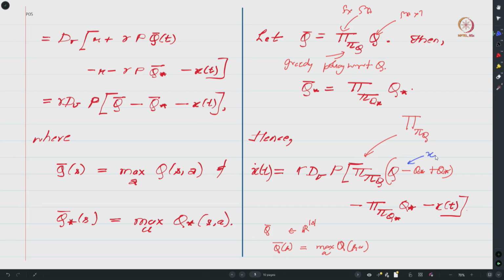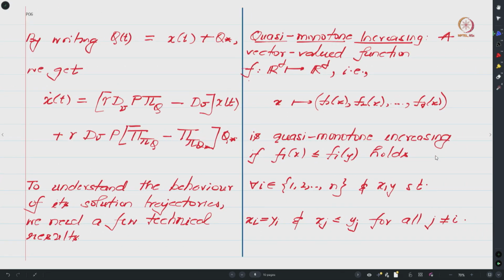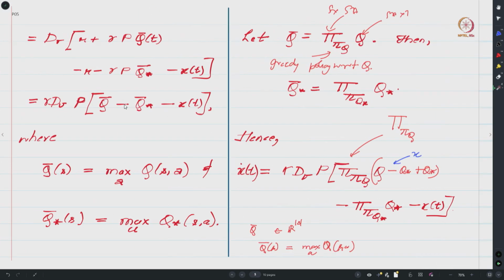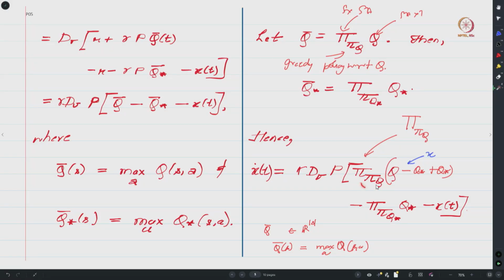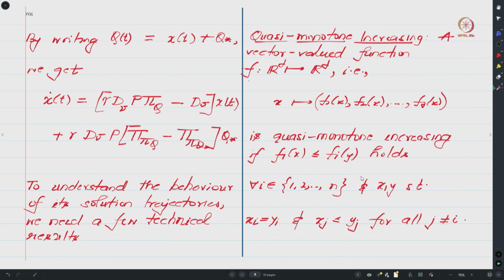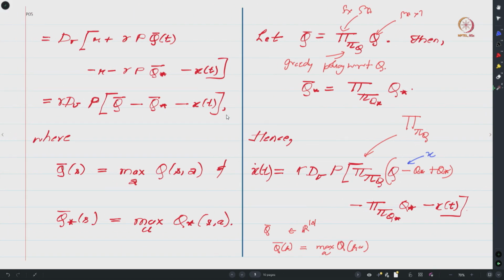So if I write it in this fashion, one can see that x dot of t will equal gamma d nu p, right, and you can see that this p pi p capital pi little pi q, okay, that is what we have over here. So I think I should write this as capital pi q, right, and this expression comes from this quantity over here, okay.